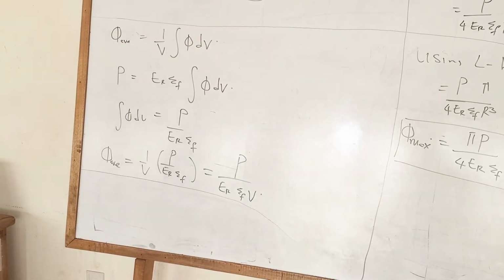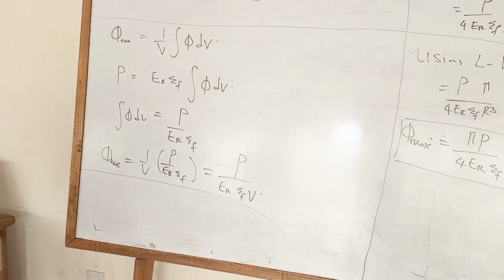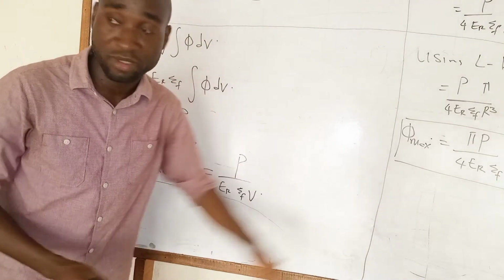So I can now calculate my maximum to average flux, because this is my average flux and this is my maximum flux.